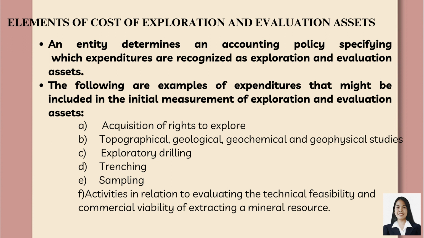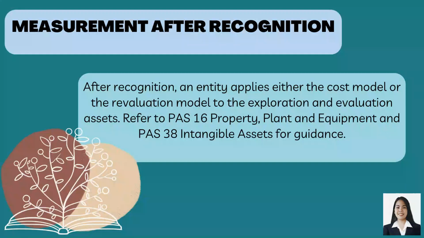C is the exploratory drilling. D is the trenching, E is the sampling, and F is the activities in relation to evaluating the technical feasibility and commercial viability of extracting a mineral resource. The expenditures related to the development of mineral resources shall not be recognized as exploration and evaluation assets.